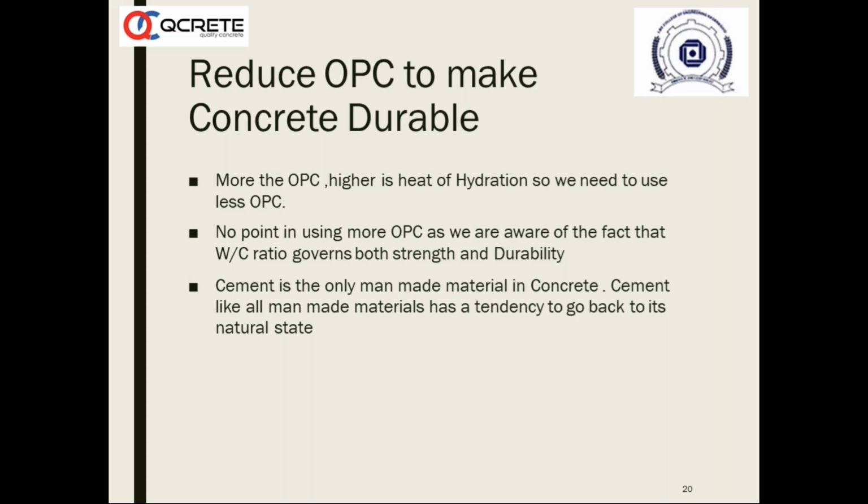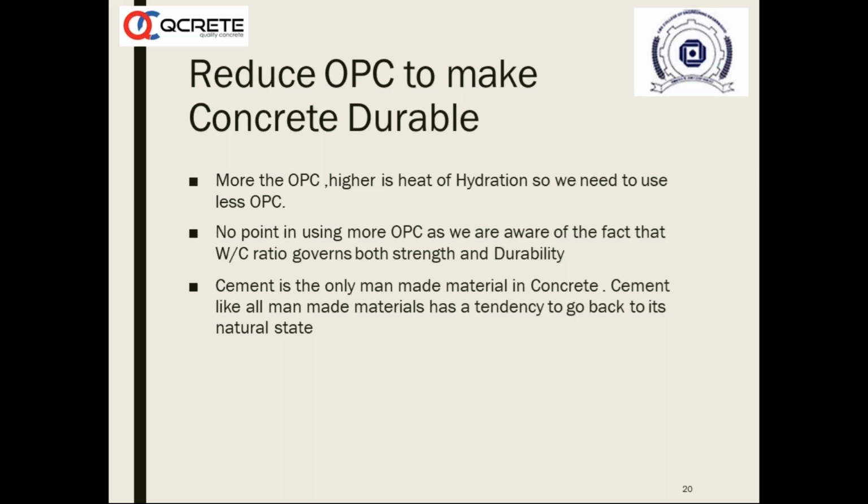Cement is the only synthetic product in the body of concrete. Other than cement, you have coarse aggregate, that is 20 mm, 12 mm, and sand. All these are natural products, so they don't have a tendency to go back to a natural state.